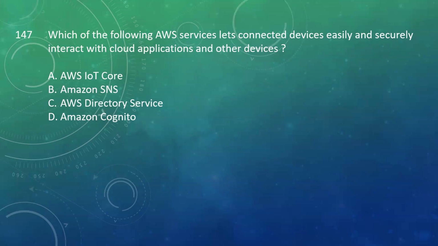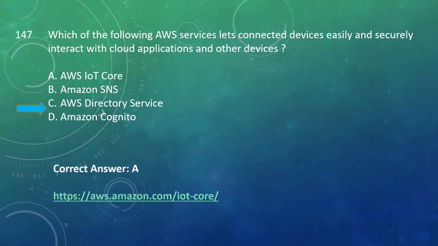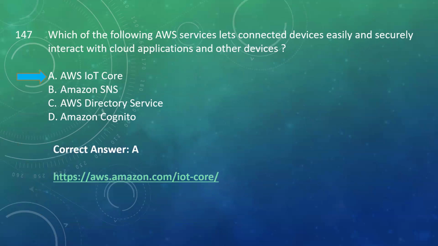These types of questions are literally the easiest questions that you can get in the exam, as they have just mentioned the definition of a service as the question. And the correct answer in this case is AWS IoT Core, which lets connected devices easily and securely interact with cloud applications and other devices.